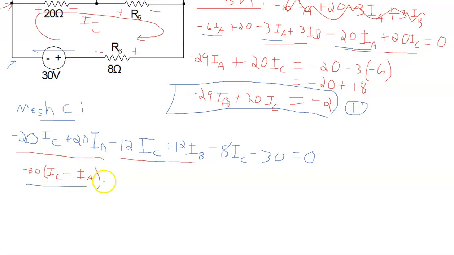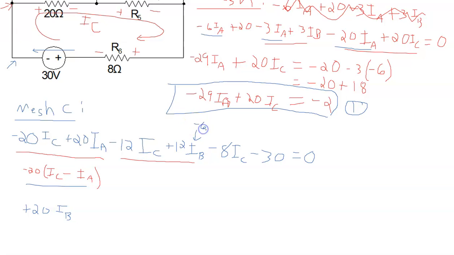Okay, so we have plus 20 times IA. There's one term with IB in it, but we know IB, negative 6 amps.